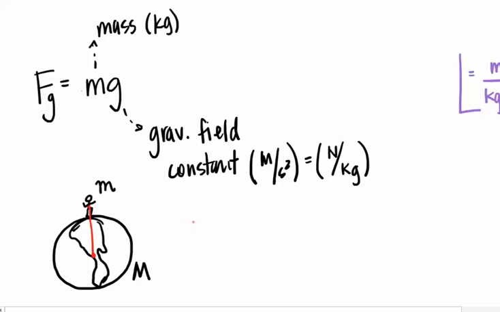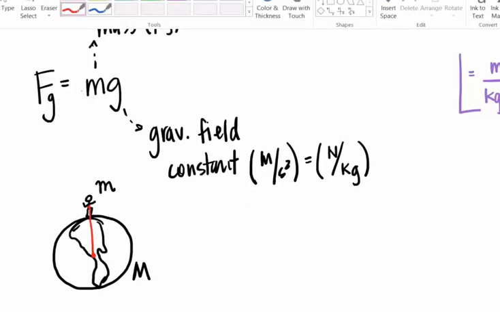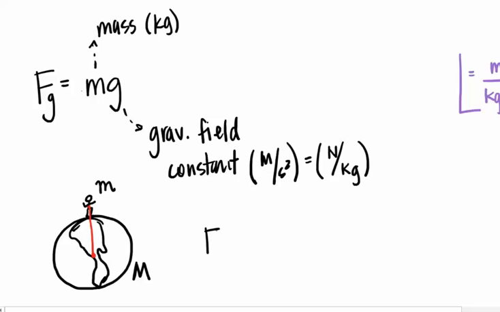So that means that the gravitational force between me and the Earth would be capital G, the constant, times M1, maybe the mass of the Earth, times M2, maybe that's my mass, divided by the distance our centers are away from each other squared.